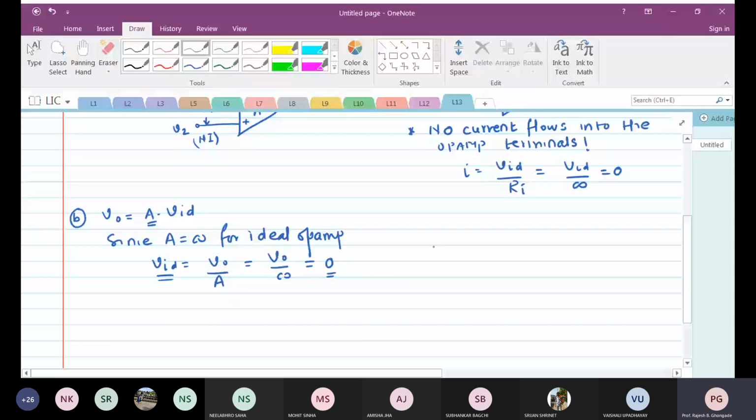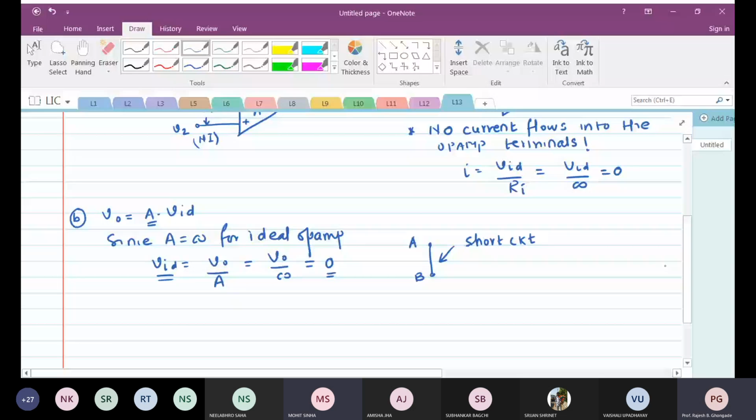Such a situation, what do we say? If this point is directly connected to this point, we call this a short circuit, isn't it? We say that points A and B are short circuited.